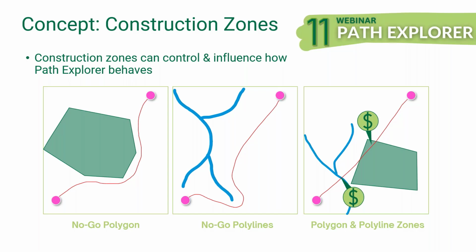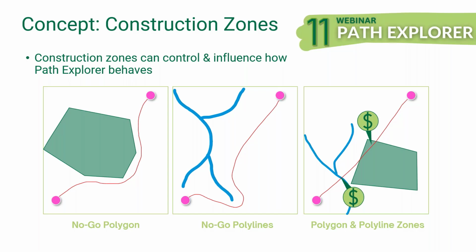And then the tool will take those costs into account as it's reviewing the overall costs for the paths. Similar with a polygon, you can assign a different cost to that polygon. And then the tool will potentially look to minimize if it's a higher cost, or maximize if it's a lower cost, the amount of time it's going into those zones.